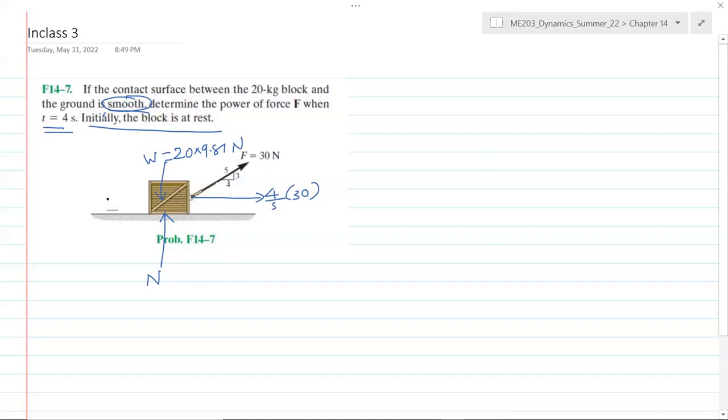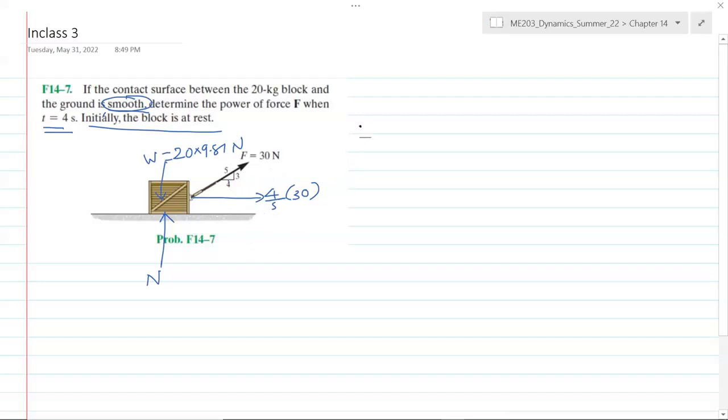The block slides in the horizontal direction and does not move in the vertical direction, so only this component of the force is useful, while 3/5 of 30 Newton is not useful for any displacement of the block here.